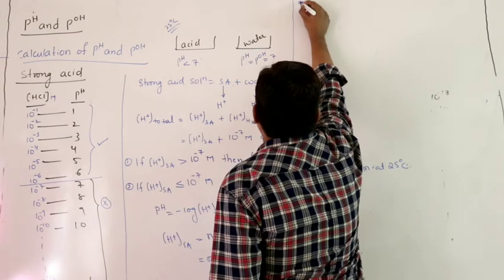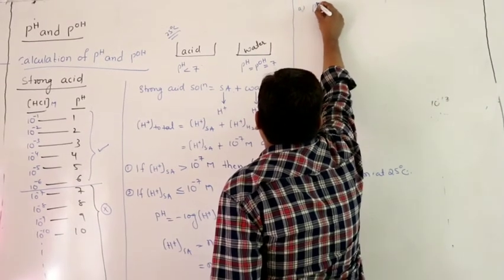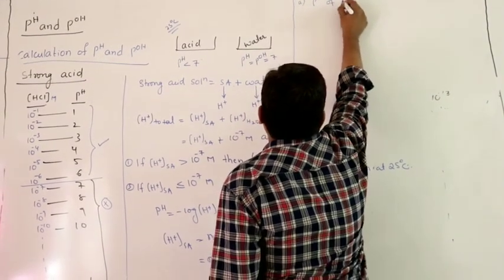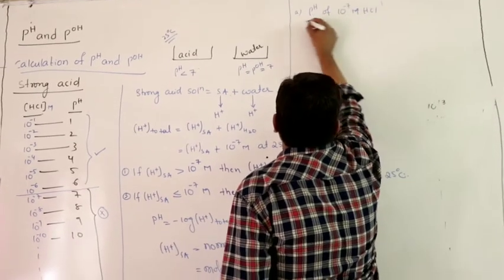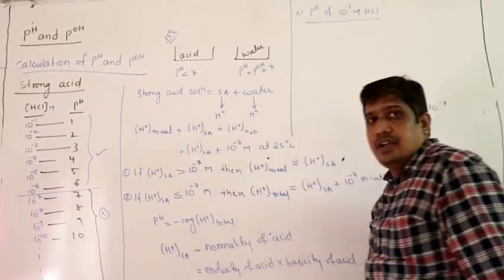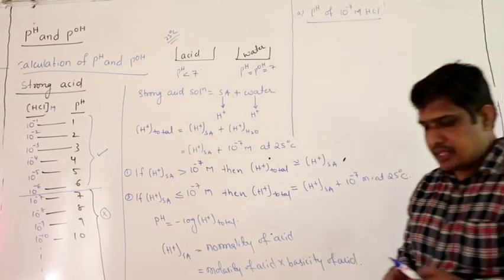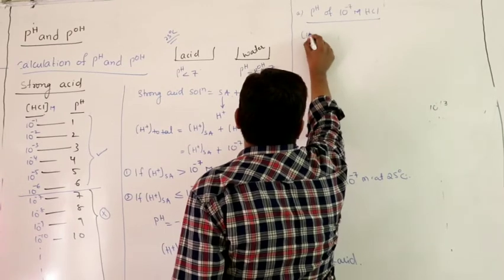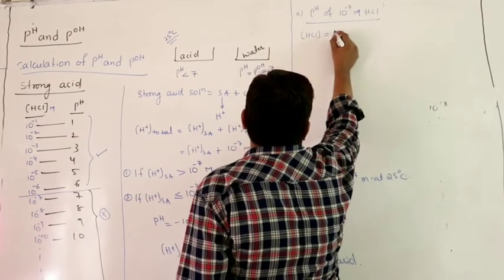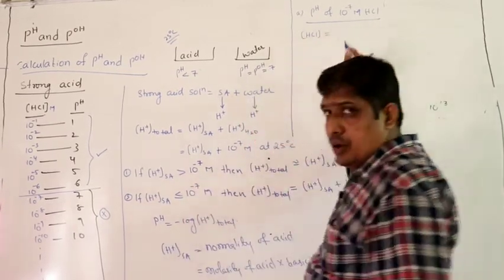So let us calculate the pH of 10 power minus 7 molar HCl. What is the pH of 10 power minus 7 molar HCl? If I proceed the normal way, what is HCl concentration? Of course, for HCl normality equals molarity.